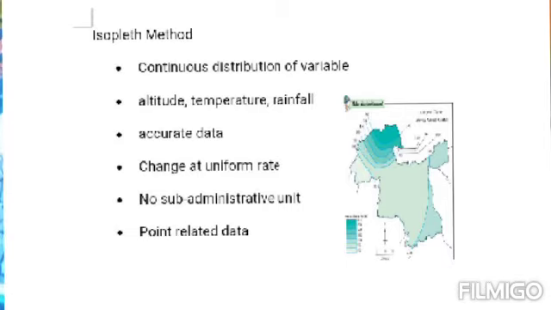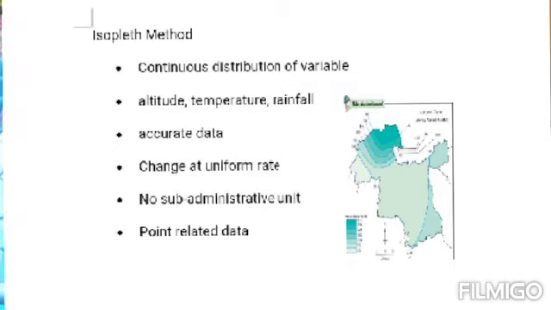In dot method and choropleth method, which variables do we use? Population, cattle, etc. These variables cannot be used in isopleth. In isopleth, the variables used are altitude, temperature, rainfall, right? Altitude means height, the height of the land, whether it is higher or plain or lower, accordingly we can do it.